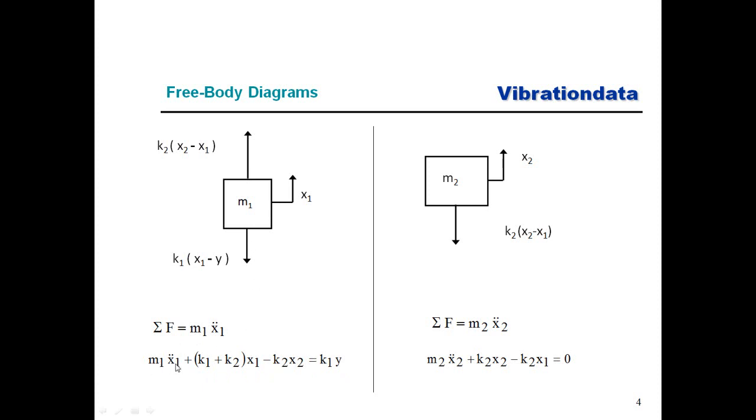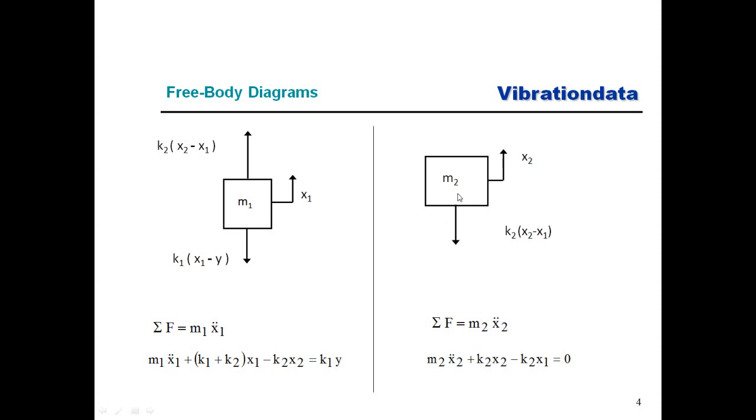So we have mass 1 times the acceleration of mass 1 plus, and then in parentheses we have the sum of the two spring stiffnesses times the absolute displacement of mass 1, minus stiffness 2 times the displacement of mass 2. And that is equal to the spring stiffness 1 times the base displacement.